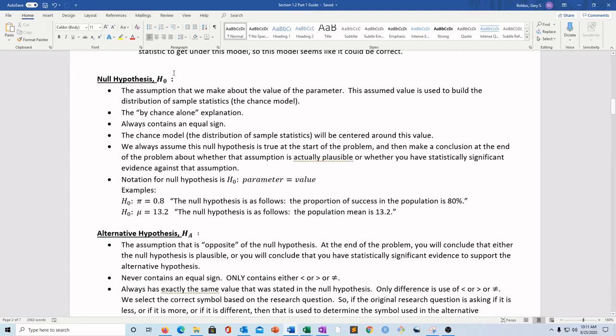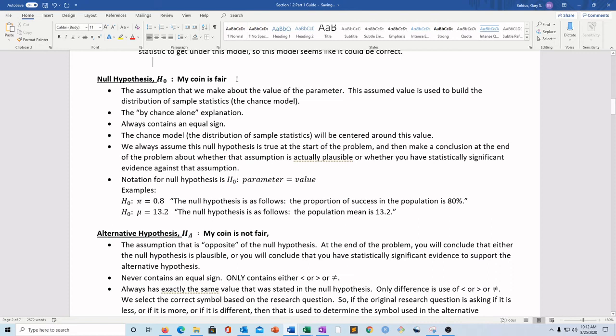Now what I'm going to do is put names on this. The null hypothesis and the alternative hypothesis. These are my two options. So, just as examples, my coin is fair. The alternative to that, the opposite, is my coin is not fair.